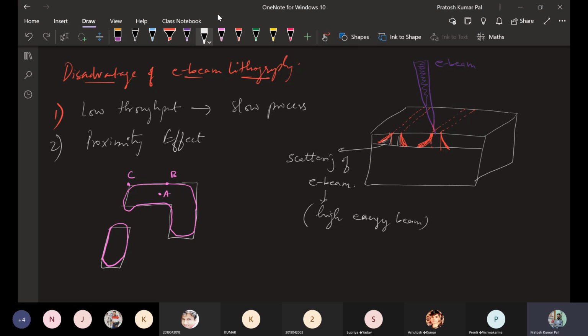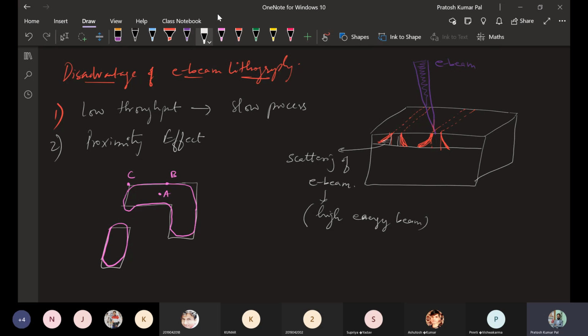So this corner position remains without exposition. There will be no e-beam exposition here, so this type of pattern will be exposed in this selected region.